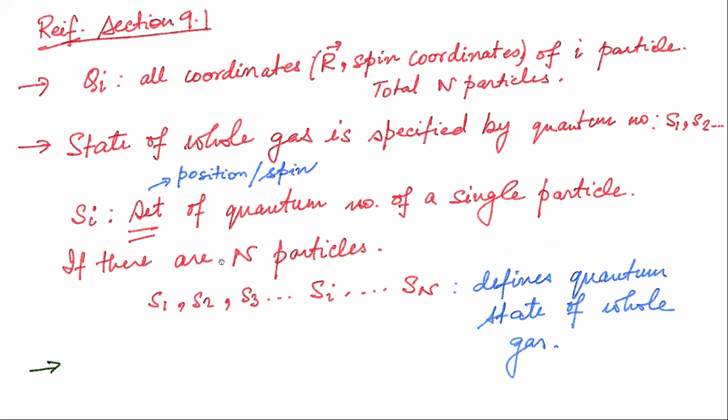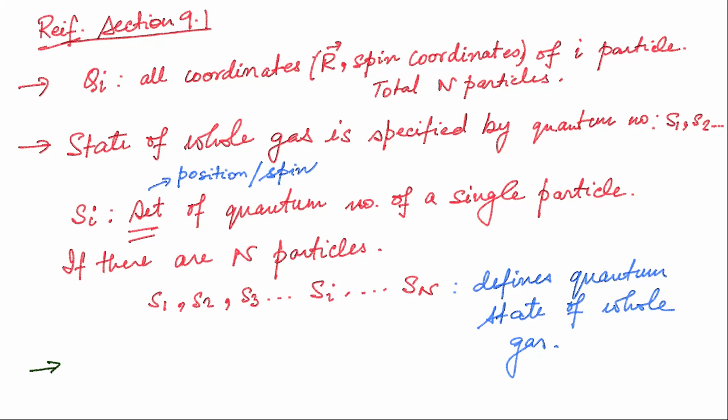This is matter which is taken from RIFE section 9.1, and just to tell you that for the ith particle, to specify its quantum state, you have to specify all the quantum numbers. It can be the position of a particle, or a momentum.